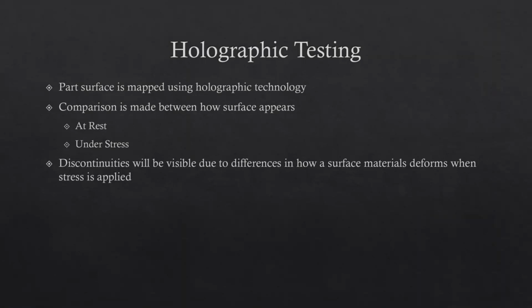So when that stress is applied, the deformation that occurs is going to be different in the areas that are good versus the areas that might be damaged. And so we can then measure that. It's very slight. We can use holographic testing to see or to measure where that's happening in order to find that kind of damage, discontinuity, or other items of that nature.